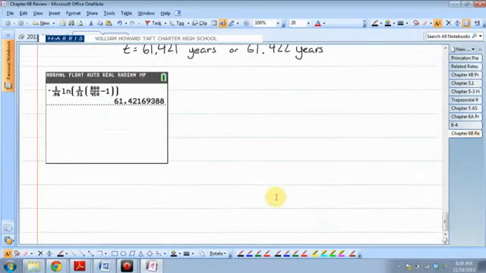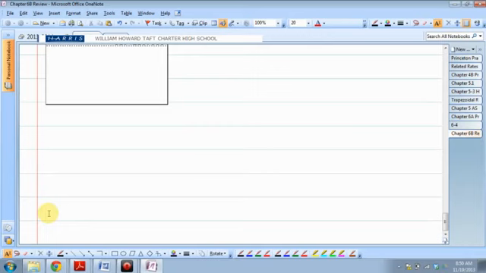Okay, number 9. Enough of this before the FCC gets on me. Number 9. A certain type of bacteria increases continuously at a rate proportional to the number present. Okay, I'll stop you right there.